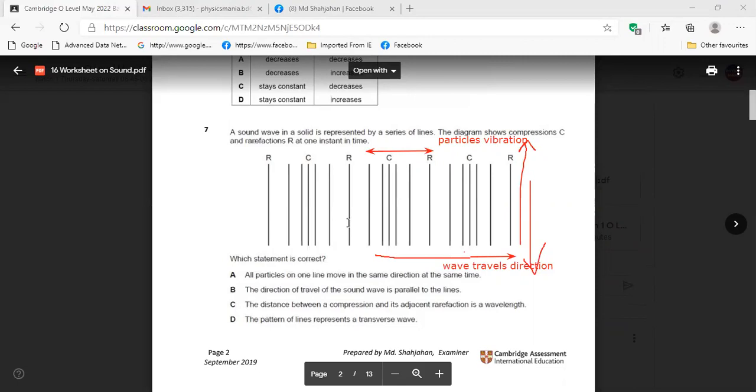Can you remember wavefronts? In wavefronts, all the particles on one line move in the same direction at the same time. That means in a crest or trough, all the particles are moving at the same time in the same direction. Can you remember that?